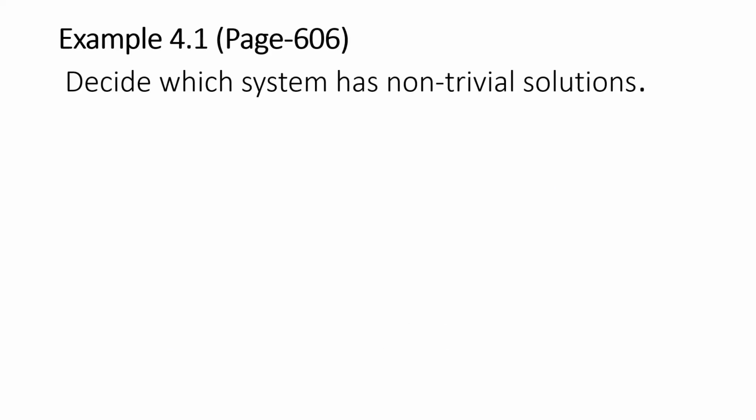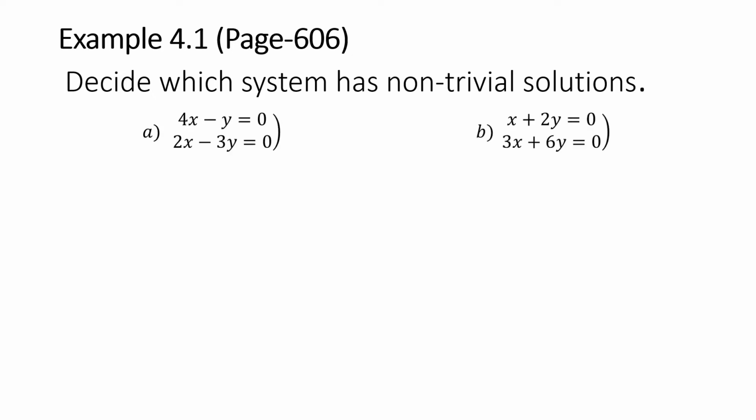Example 4.1, page 606. Decide which system has a non-trivial solution. There are two systems given in this example, A and B. Let's see.